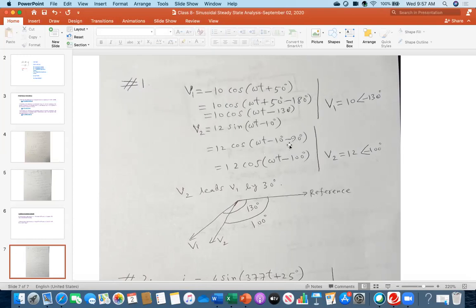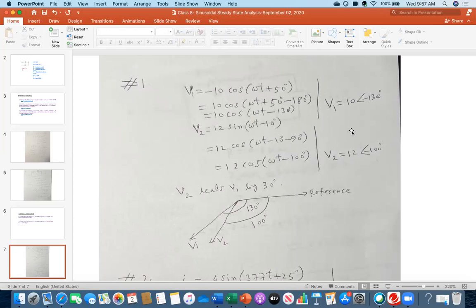So from cosine it will be sine, in the first quadrant. So then I converted into cosine. From here, 12 cosine omega t, then it gave me minus 100 degree. So in other words, in polar form, in phasor form, I could write it in this format, 12 at minus 100 degree.